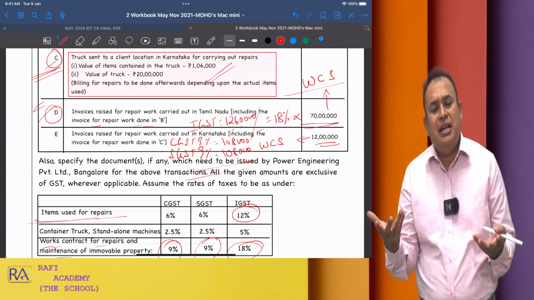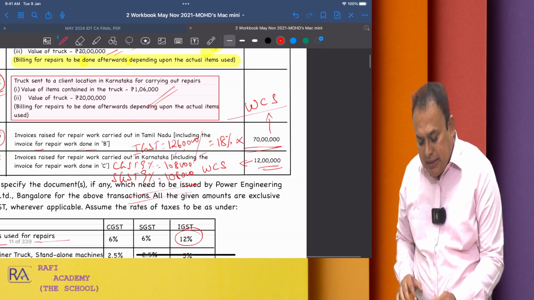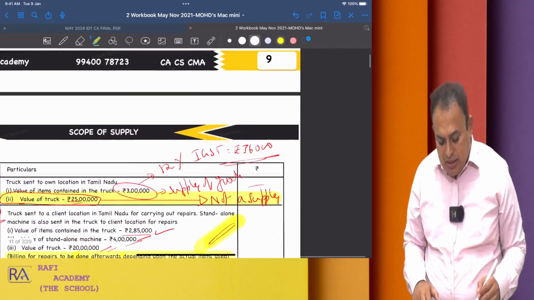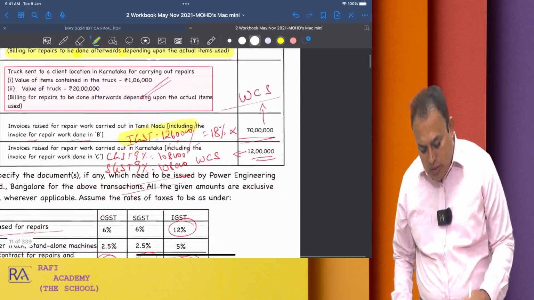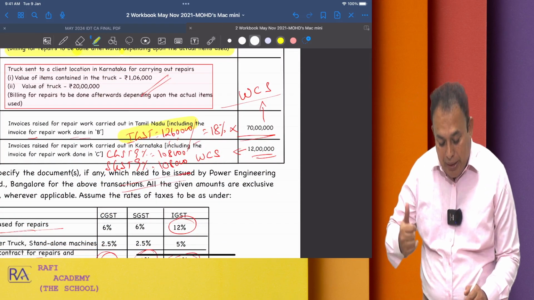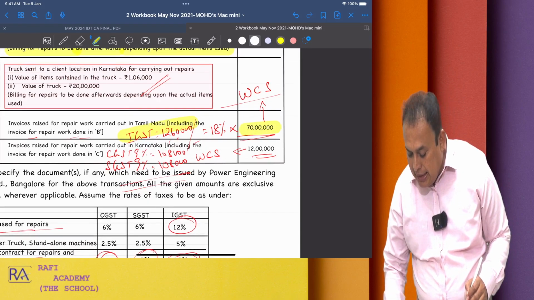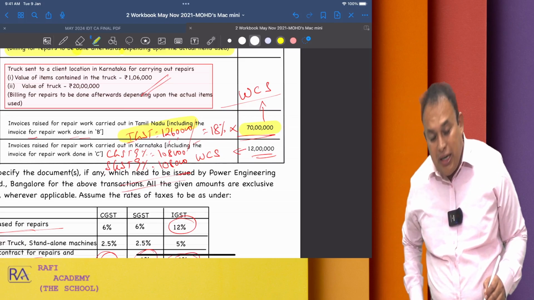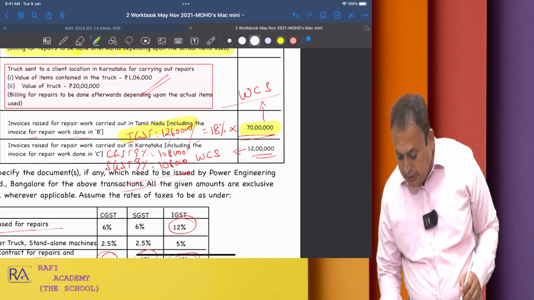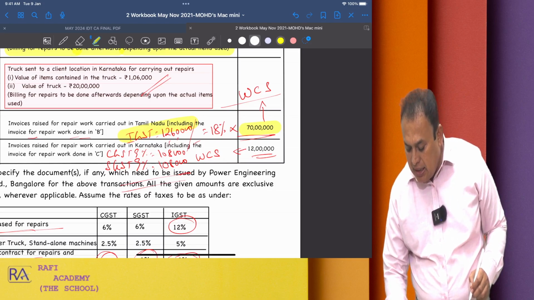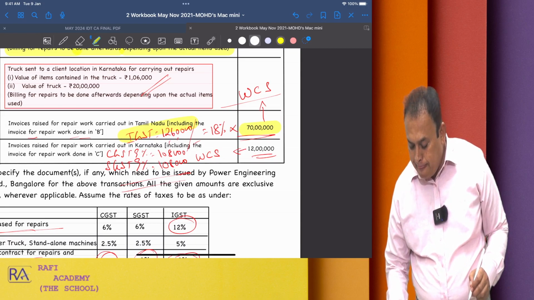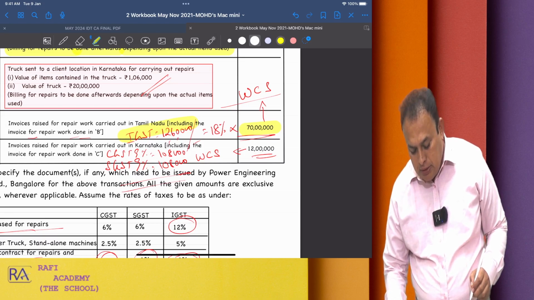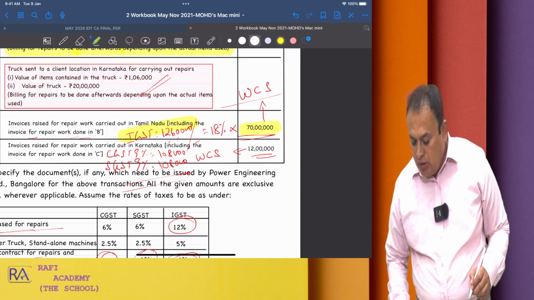If you sum up, you get the total IGST. Total IGST here, how much comes? On 70 lakhs, 18% IGST comes, not 1,26,000, sorry, it is 70 lakhs. It is 12,60,000.